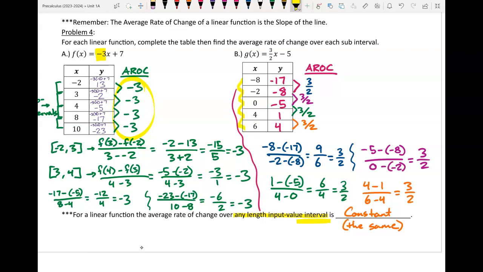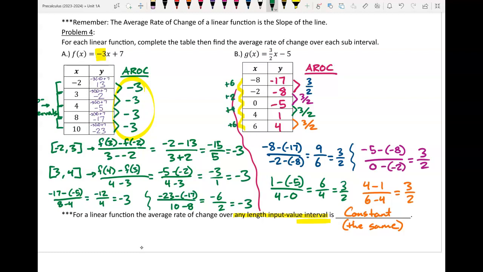Negative 8 to negative 2 was plus 6. Negative 2 to 0 was plus 2. From 0 to 4 was plus 4. And 4 to 6 was plus 2. So that was plus 6, plus 2, plus 4, plus 2.